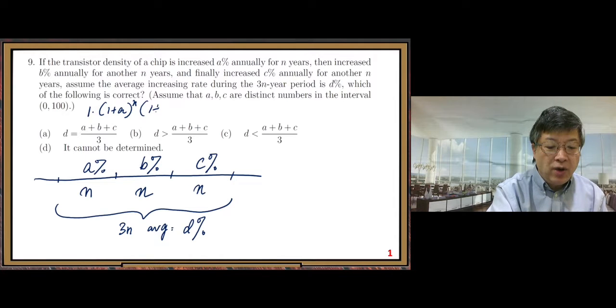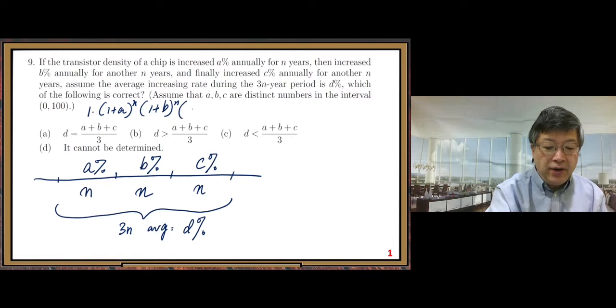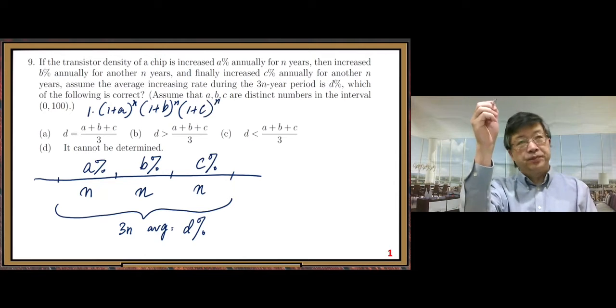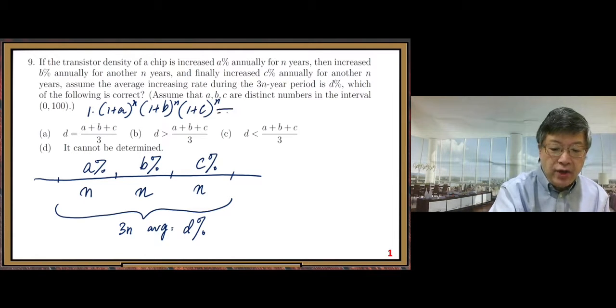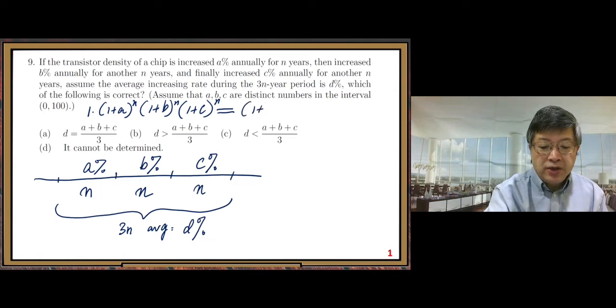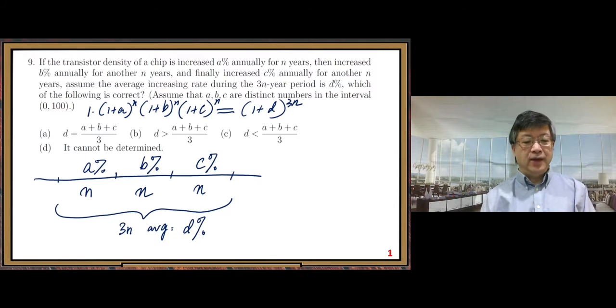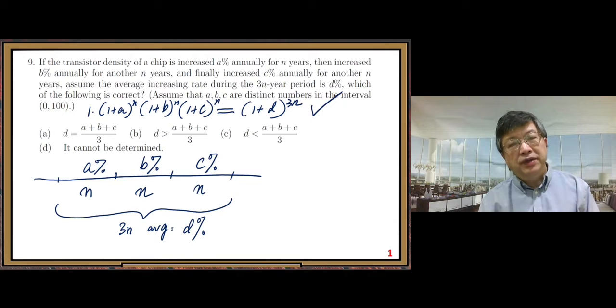Next n years, 1 plus B, n years. And third n years, 1 plus C to the nth power. All right. Then, for the average in 3n years, 1 plus D, 3n years. Okay? So that is the equation we derived.